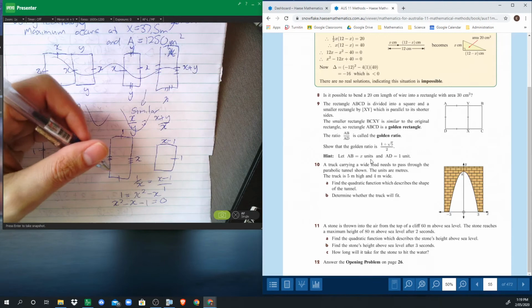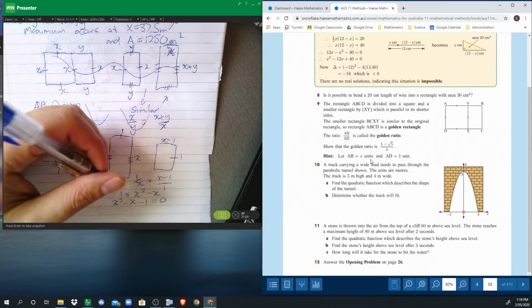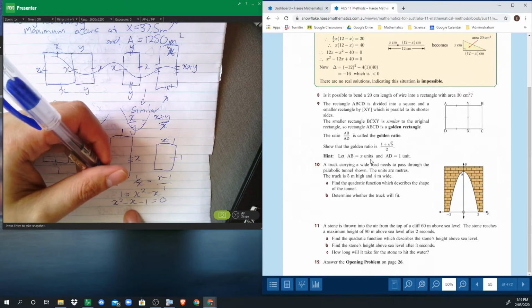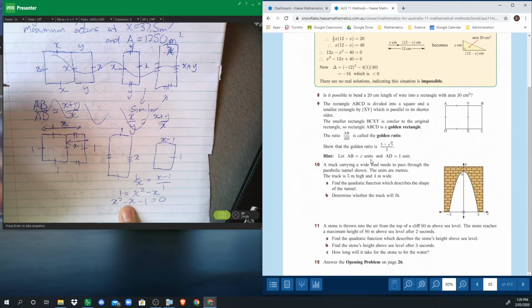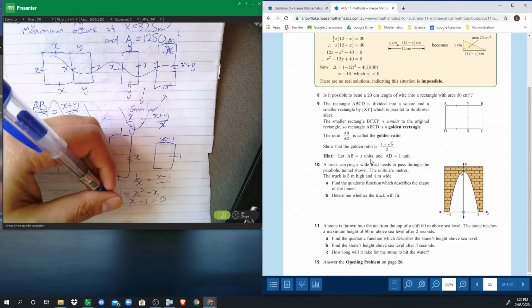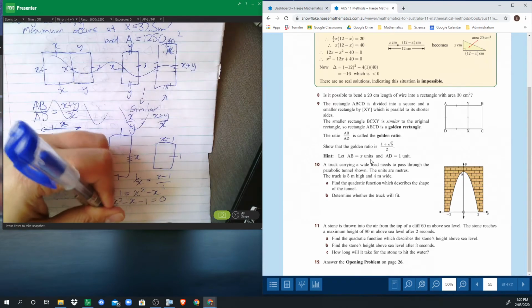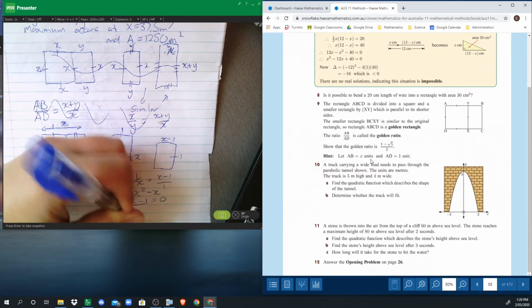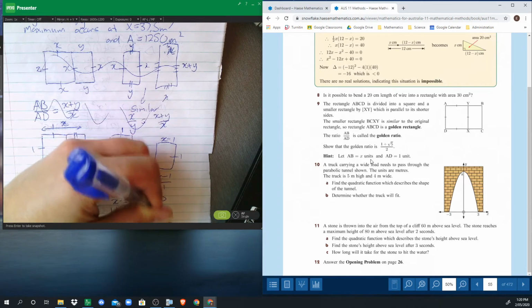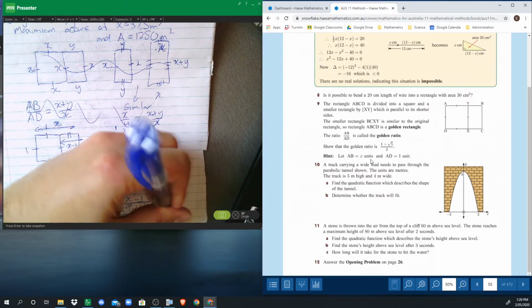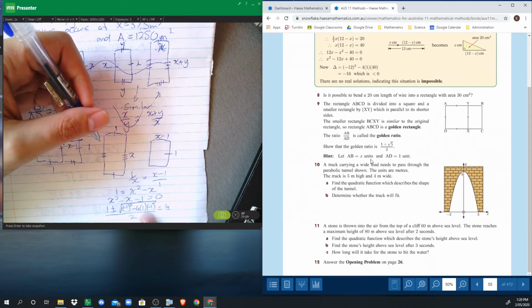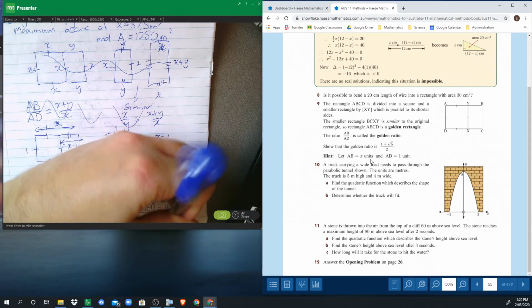I just solve that using the quadratic equation: 1 plus or minus the square root of 1 squared minus 4 times 1 times minus 1, all over 2. 1 squared plus 4 is 5, so 1 plus or minus root 5 on 2.